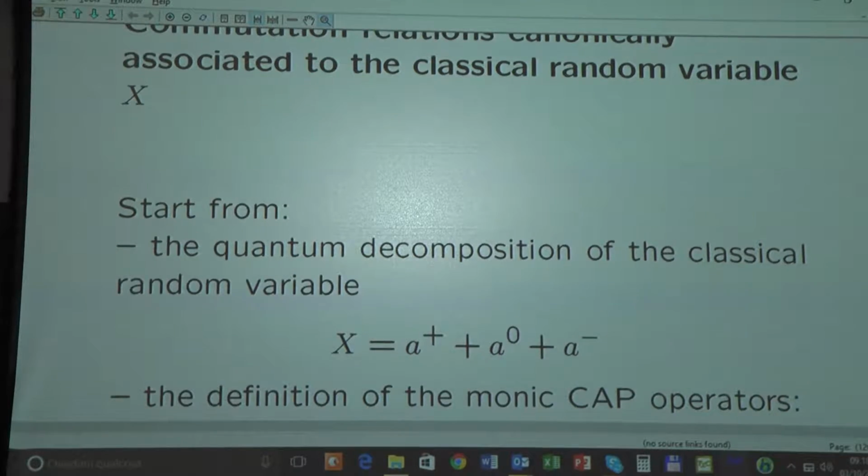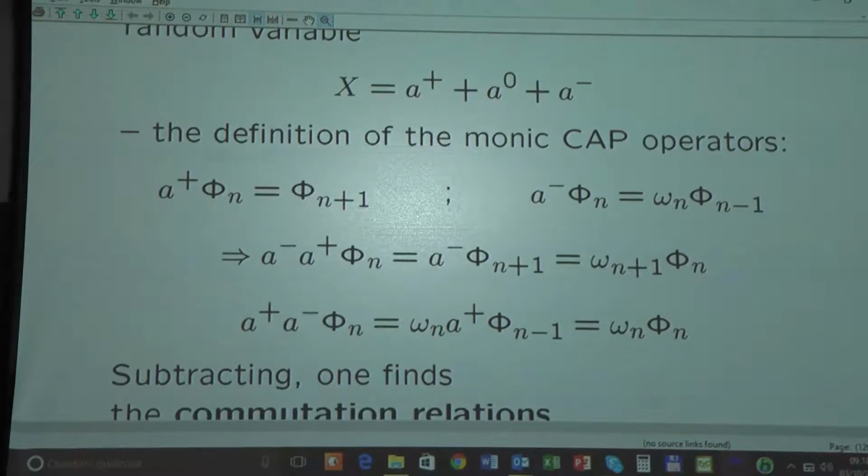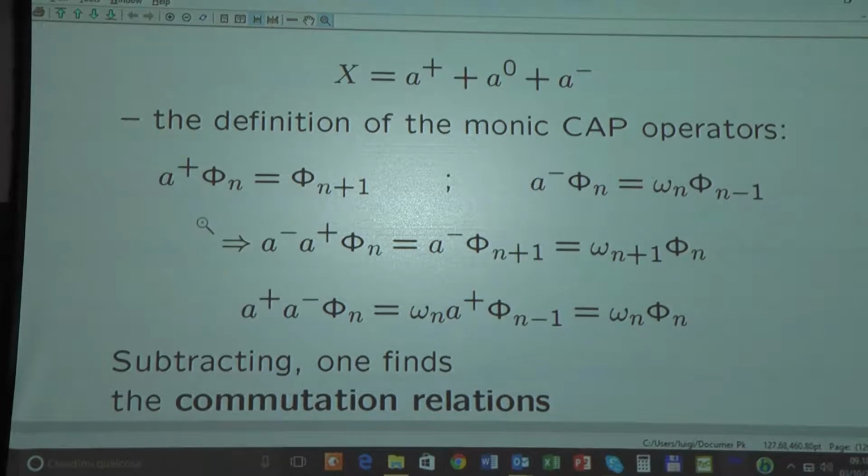Okay. Remember the quantum decomposition. And remember the definition of the operators A dagger and A minus. A dagger is the right shift. A minus is the weighted left shift, weighted by the principal Jacobi sequence. A dagger increases the gradation by 1 and A minus decreases it by 1. The fact is that both A minus A plus and A plus A minus leave the gradation invariant.